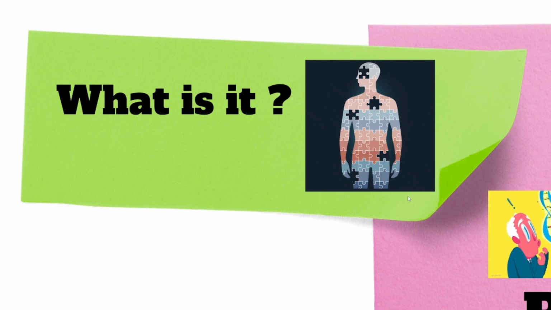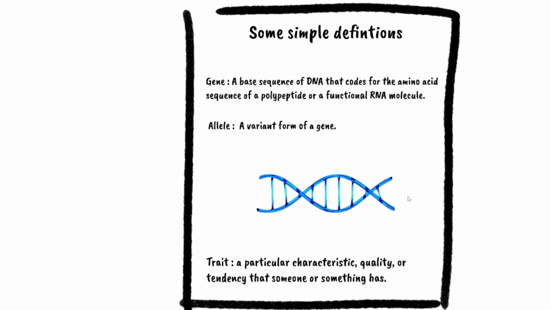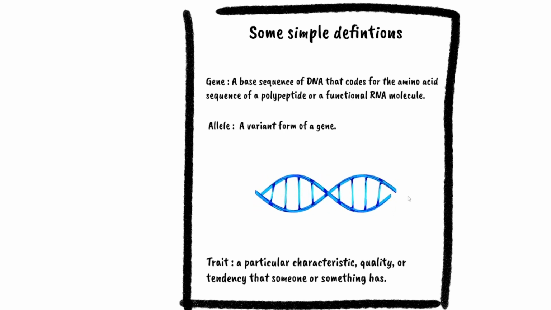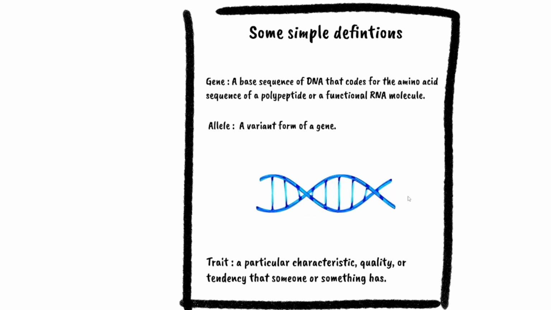Okay, so before hopping into the chapter, let's learn about the simple terms that are gonna be used in this chapter. Gene, allele, trait. These three terms are gonna be used frequently in this chapter, so remember to memorize their definitions correctly. When I was a student, I used to struggle with these definitions a lot.